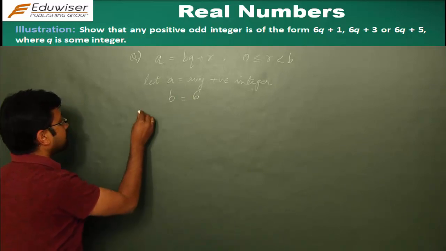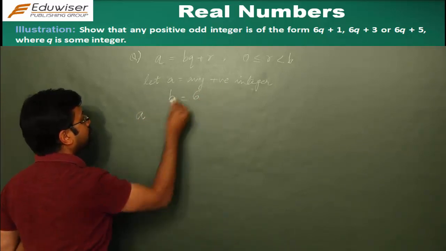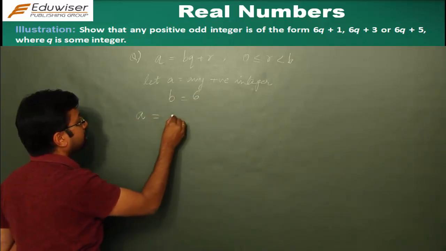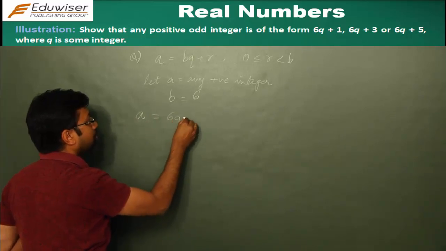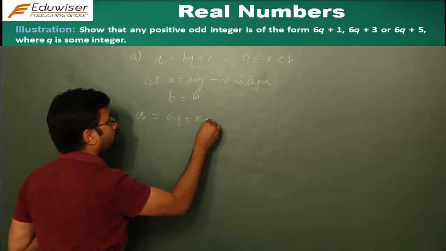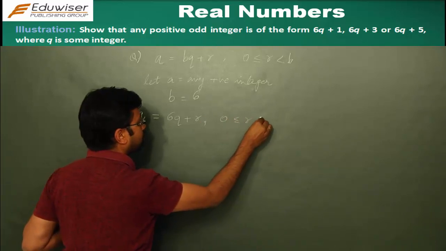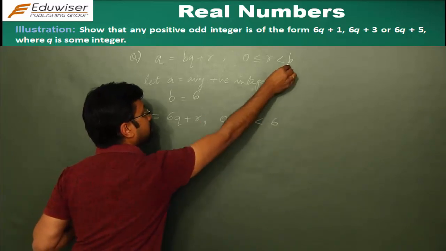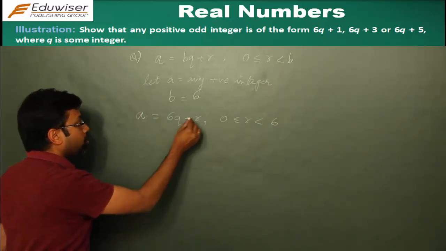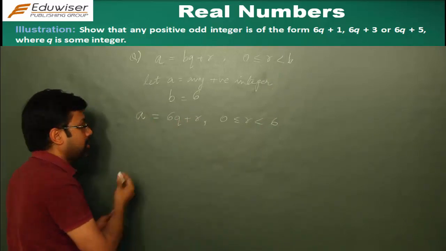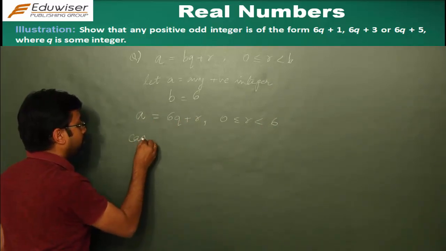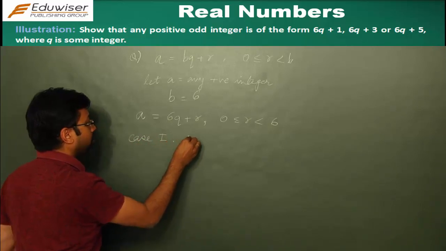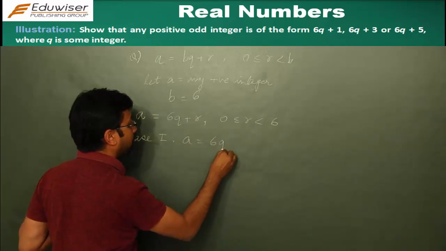In that case, what will any positive integer be written as? It can be written as 6q plus r, where r would lie between 0 and 6 because b's value has become 6. So what are the possible values of r that you can have? There could be a case 1 where a is equal to 6q plus 0.